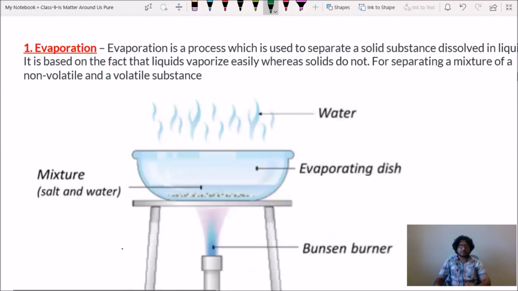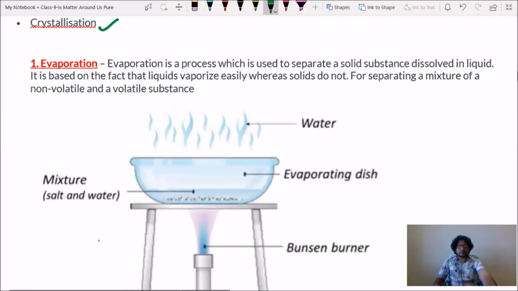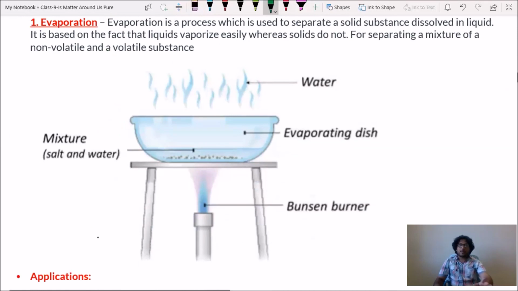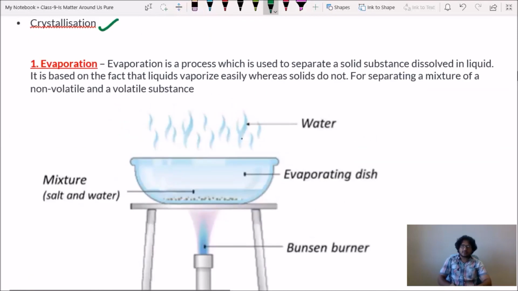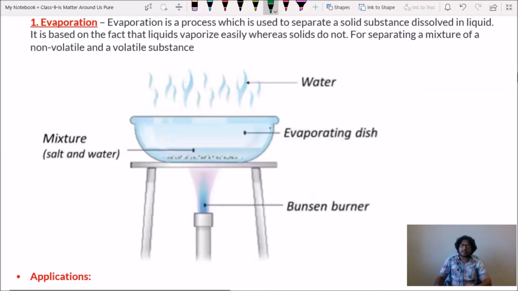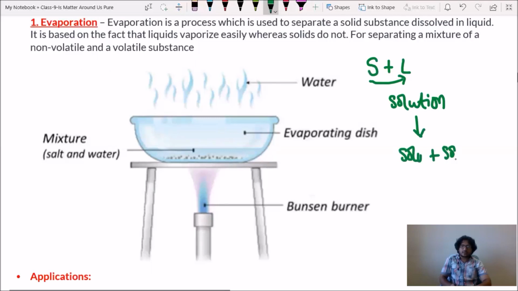First, moving to evaporation. Evaporation is a process which is used to separate a solid substance dissolved in a liquid. Whenever you add a solid to a liquid, that solid will dissolve in the liquid and we get a solution. Now, this solution is a combination of solute and solvent.